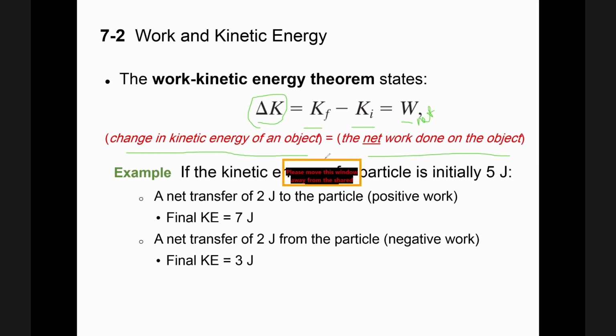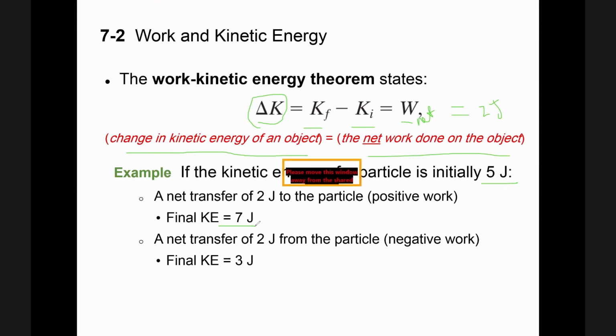Okay, let's take an example here. Kinetic energy of a particle is initially 5 joules. So I have a particle moving, has certain mass, has certain velocity. So its initial kinetic energy is 5 joules. A net transfer of 2 joules to the particle means a net work on the object of 2 joules. معناها ال K final what should it be? 7 joules.